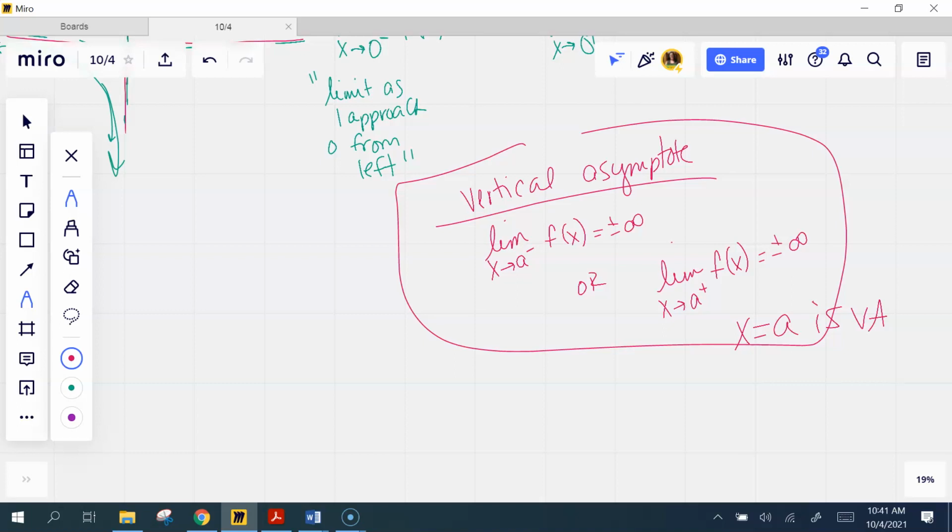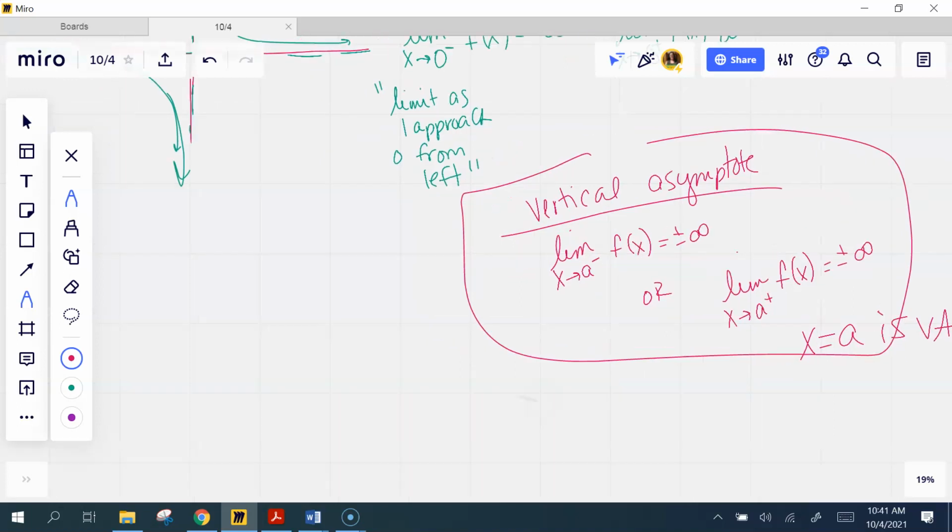There is one for horizontal also. Before I jump to horizontal asymptote, let me show you how to find it algebraically. This is graphically.